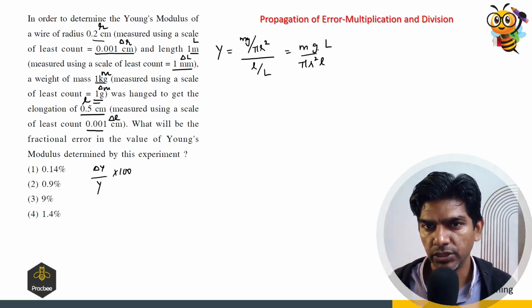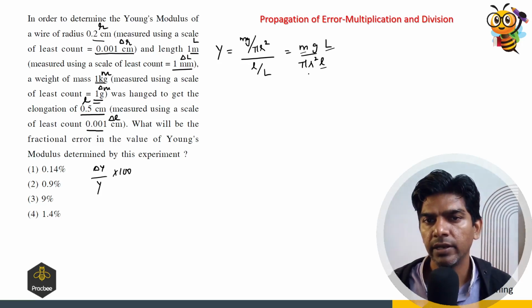There is no error in g. Pi is a dimensionless constant, and again it is exact. It has no error. So we have to consider only mass, capital L, small l, and r.